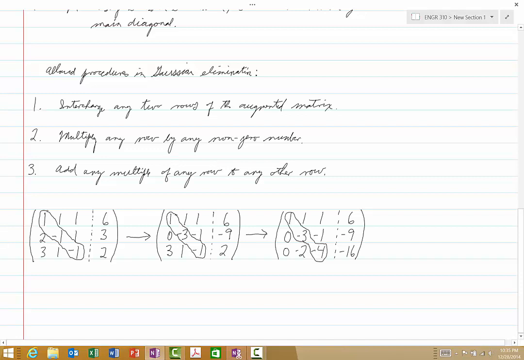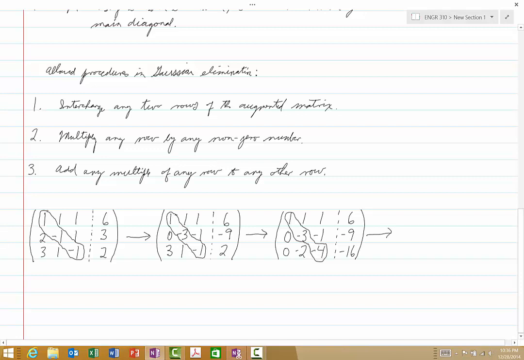When you want to eliminate terms in the second column, you do that by adding multiples of the second row to lower rows. And likewise, if you had a bigger system, you would keep up that same pattern. If you want to eliminate terms in the nth column, you do that by adding multiples of the nth row to lower rows.